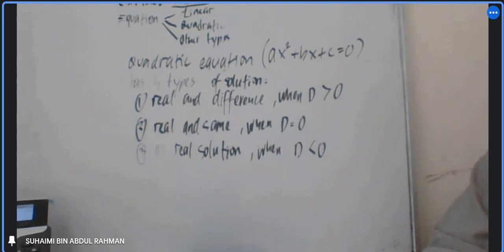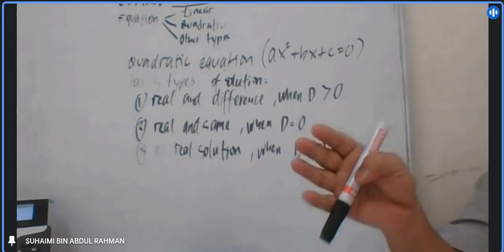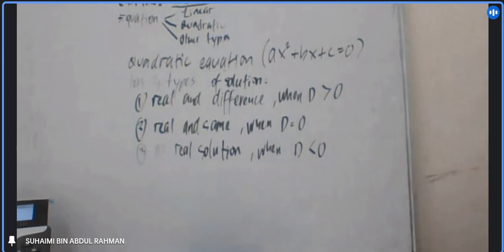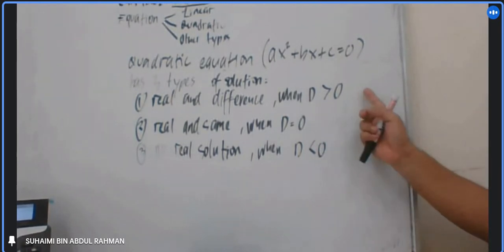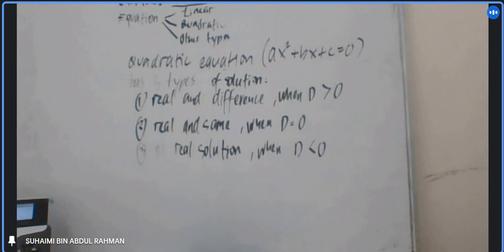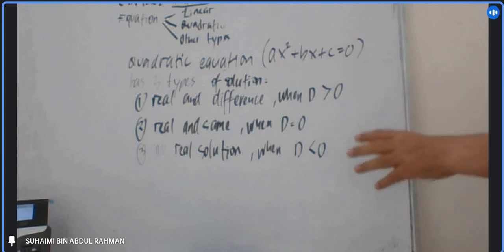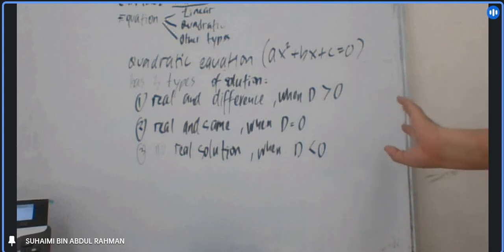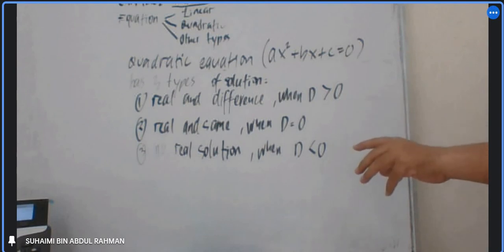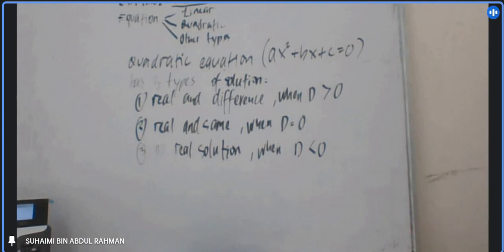Number one, where the solutions are real and different, as we solved before, there are two values of x. We may have the case of real solutions but they are the same, so it will repeat itself. It looks like only one solution, but there are in fact two solutions.